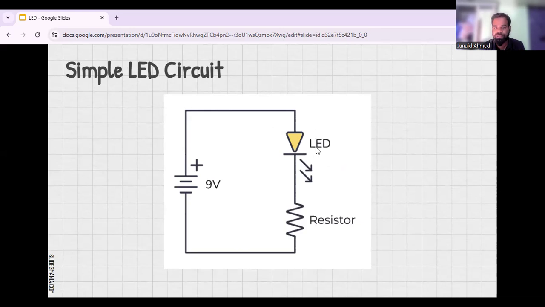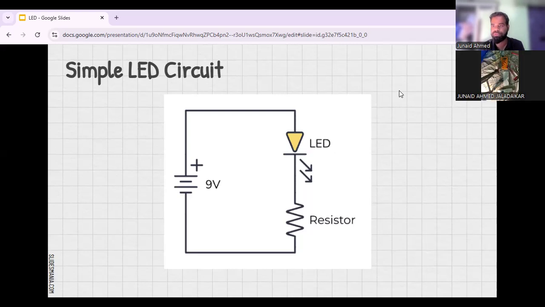I have connected a multimeter in parallel to the LED just to show that different color LEDs require different operating voltages. I have a demonstration section for that, so I will switch to that video.